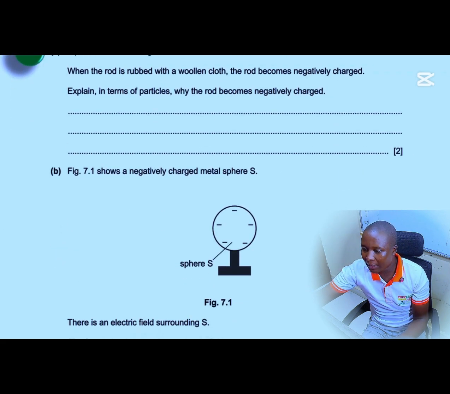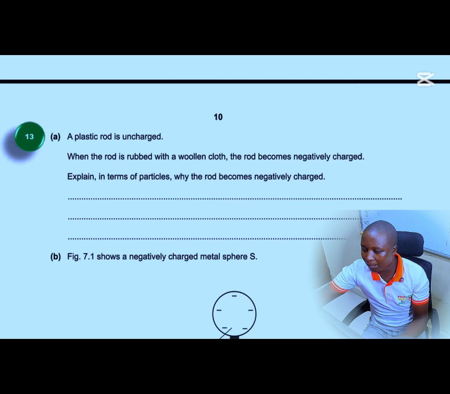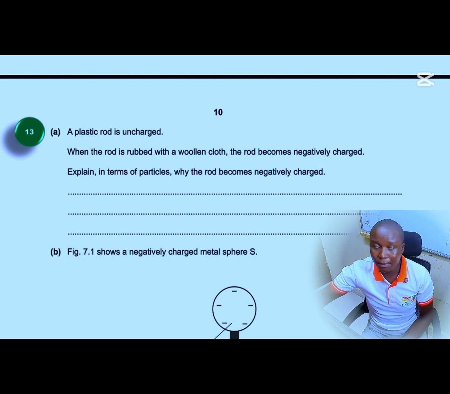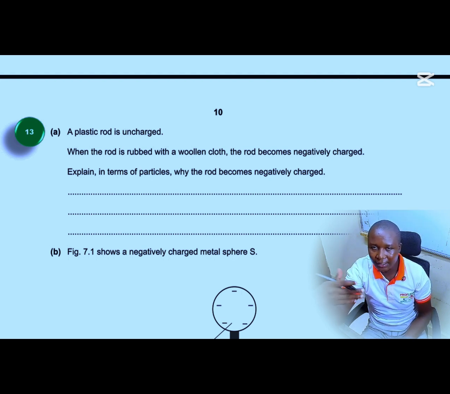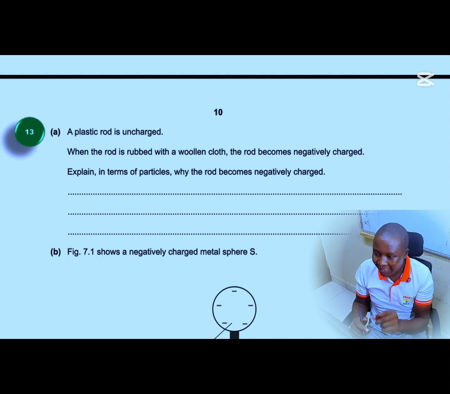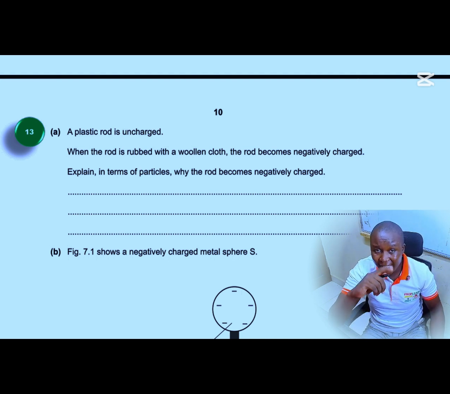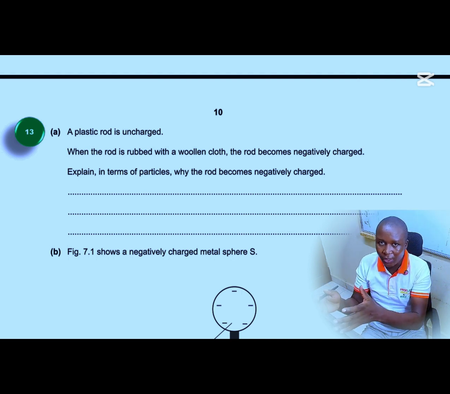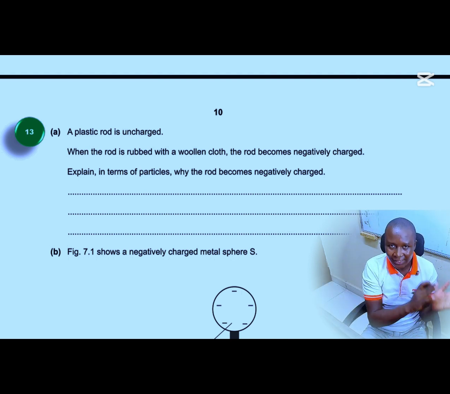The next part that we are talking about is charges, electrostatics. Remember, like charges repel and unlike charges attract. When a plastic rod is uncharged and is rubbed with a woolen cloth, the rod becomes negatively charged. Explain in terms of particles why the rod becomes negatively charged. The rod becomes negatively charged due to friction, and this happens when electrons move from the cloth to the surface of the rod.